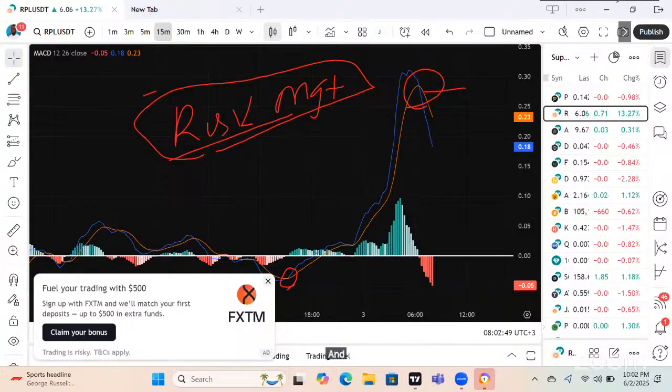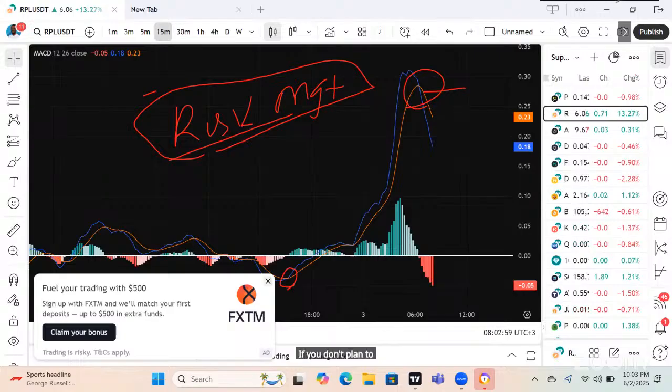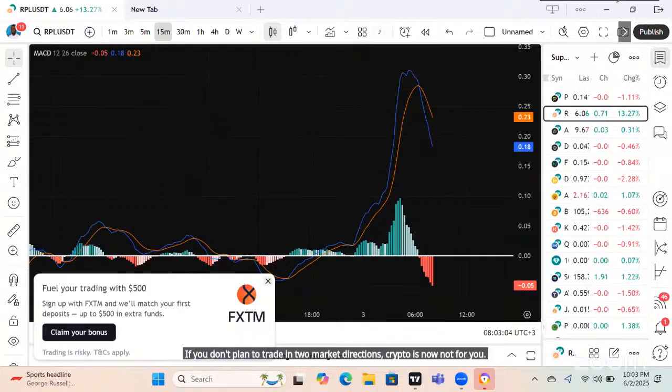And I've said it that only those who will wake up, because as long as these tariffs are around, if you don't learn to trade in two market directions, crypto is now not for you. Can I repeat that statement again?